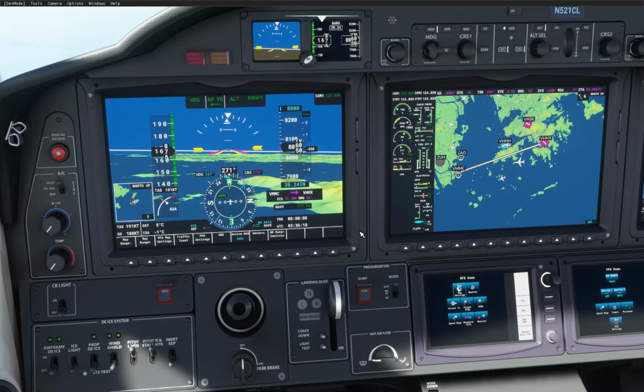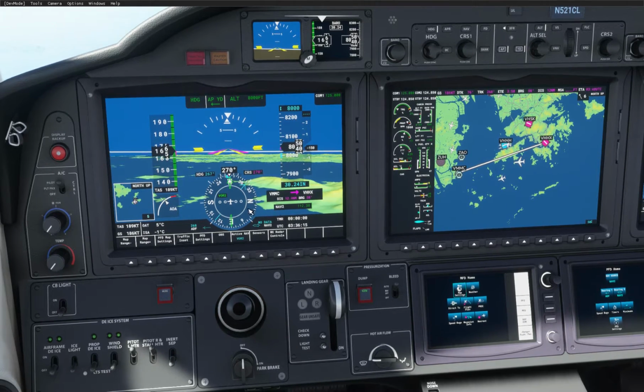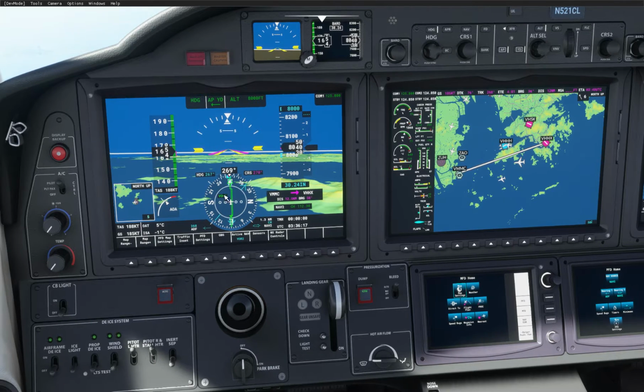Okay, you see we lost the VOR when we passed over it, so we're in that cone of confusion here. So I put it in heading mode. Okay, now we're picking it back up. Go back into nav mode.